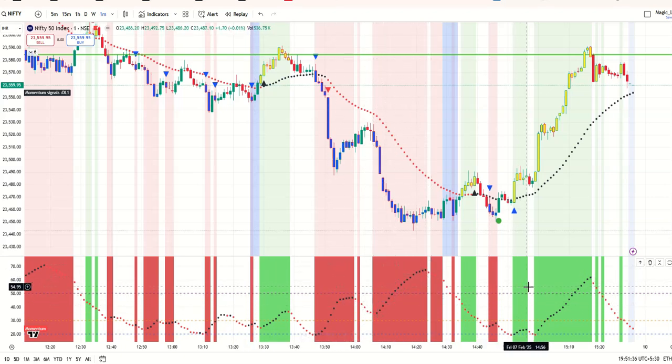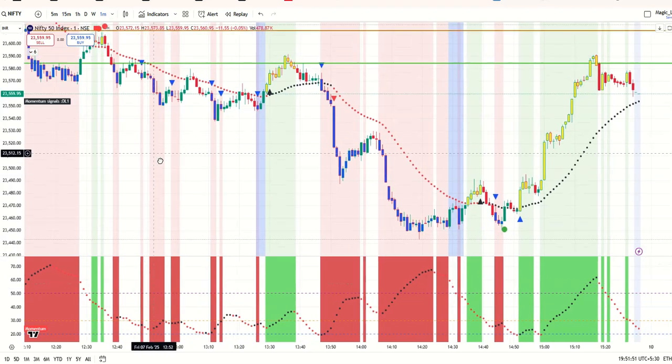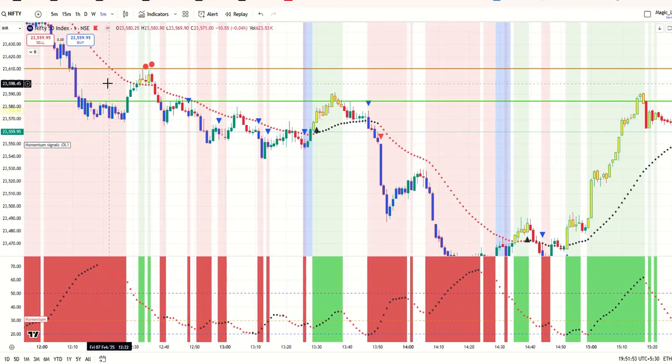The red is for PE, green is for CE, and anything on the white, watch out. Don't jump into a new trade when the background is white. It is tentatively sideways, and the price should be moving away from this dotted indicator. That will help you capture the best possible trade.